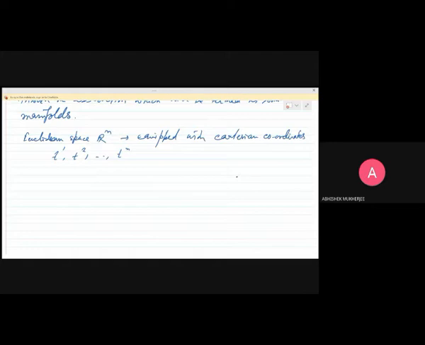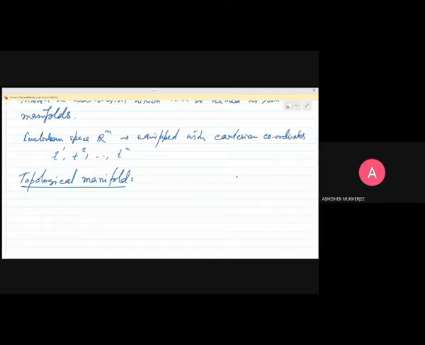Okay. So let me first define a topological manifold. Okay. A topological manifold is a topological space with certain properties that encode what we mean when we say that it locally looks like Rn.